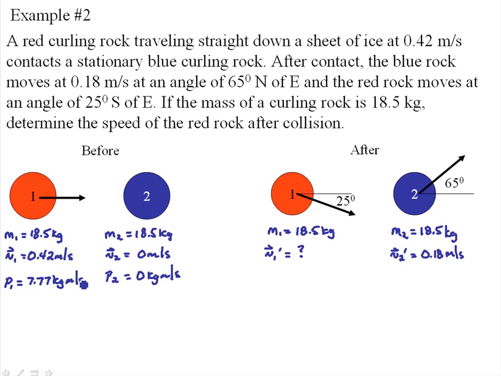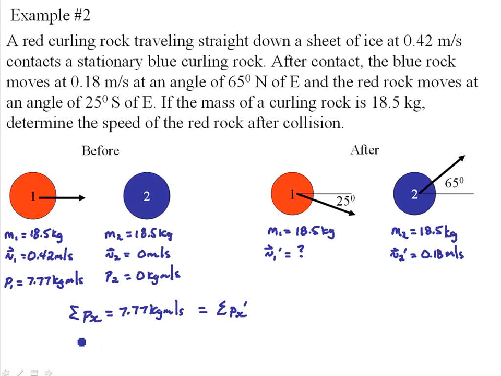I'm going to choose that direction to the right as now being positive. Any direction to the left will be negative. So I now know at the beginning here that the total momentum in the x direction is going to equal 7.77 kilogram meters per second before, which means that has to equal the total momentum in the x direction after.